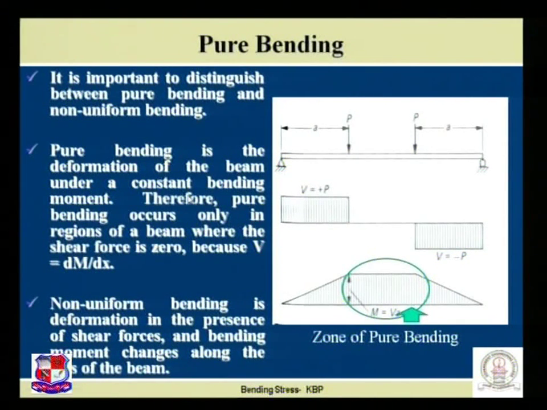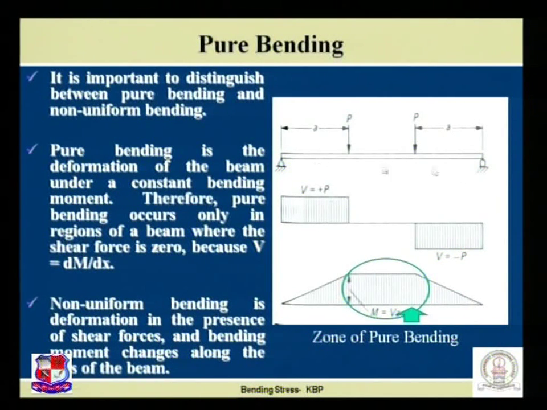Therefore, pure bending occurs only in a region of a beam where the shear force is 0, because V is equal to dM by dx. Please understand these words carefully.